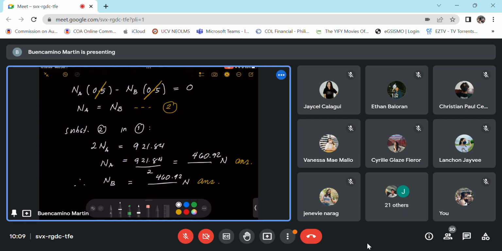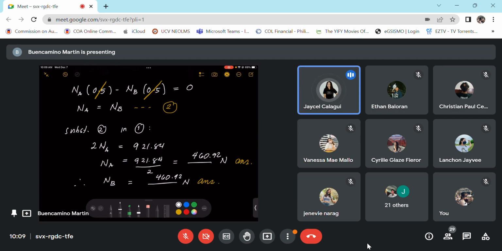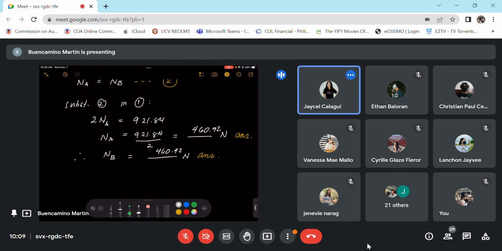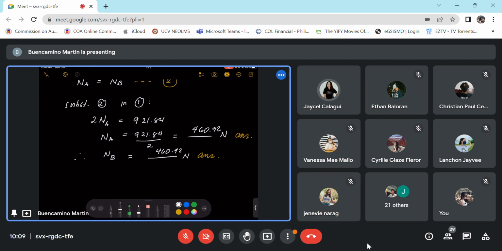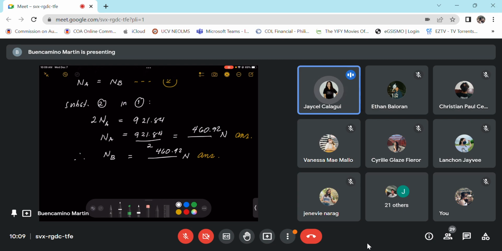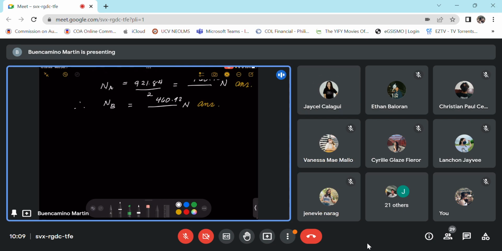For each wheel, that would be 460.92 divided by 2. Remember class, this is the reaction per wheel. It's a pair, yes? Got it? The 460.92 divided by, what do we divide by, sir? The 4 wheels? Yes, it's 4 wheels, right?